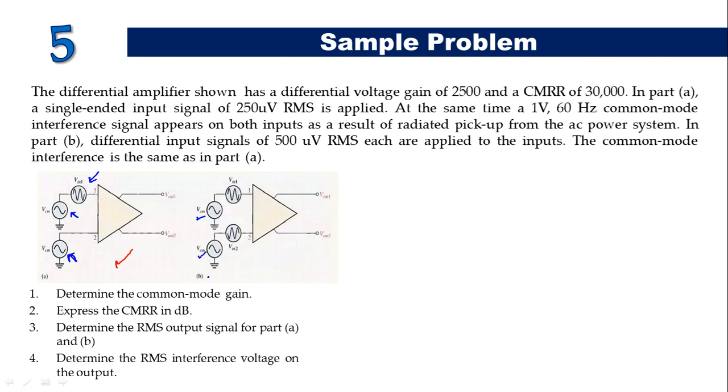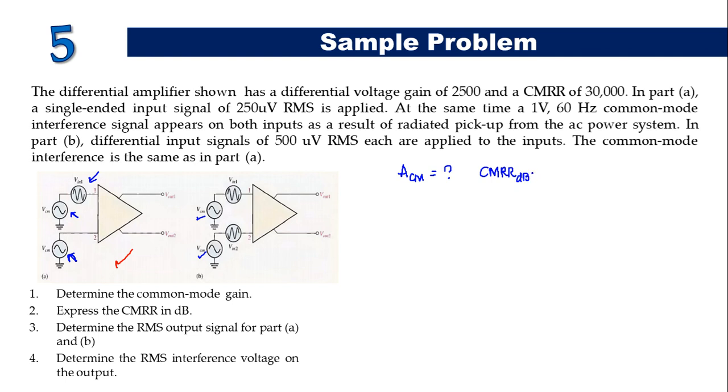Okay? So first, ang problem natin is to determine yung ating common mode gain. Ano ba yung ating common mode gain? Pinapahanap sa atin yung common mode gain. No? So first pala, ang pinapahanap is A sub CM, question mark. And then, pinapahanap sa atin yung CMRR in decibel.